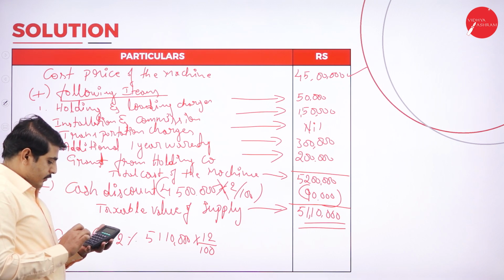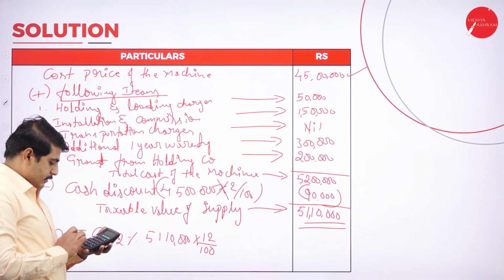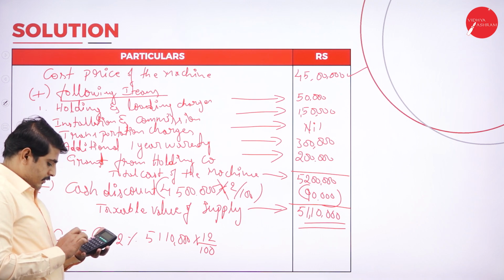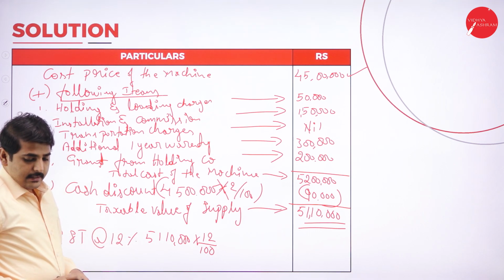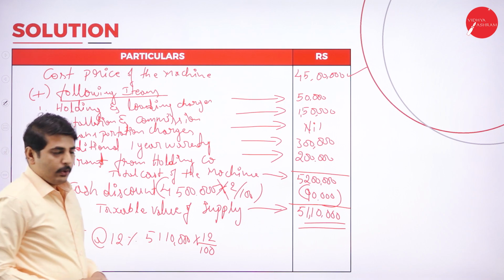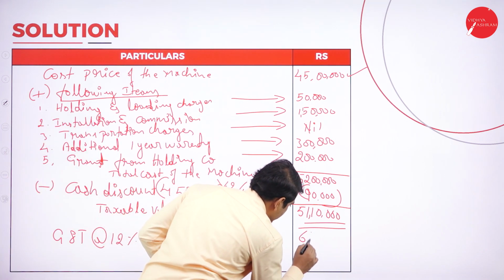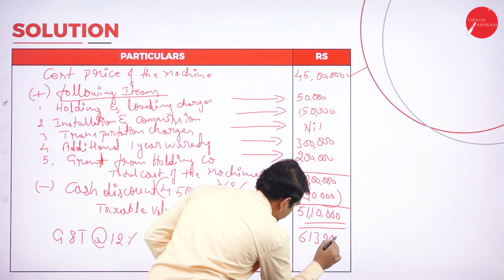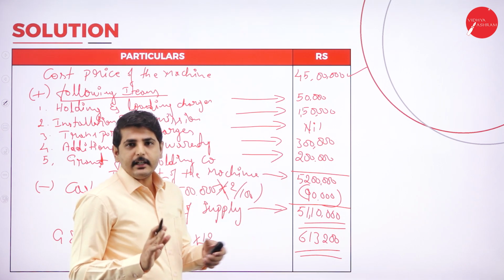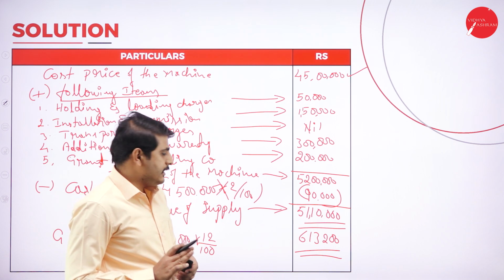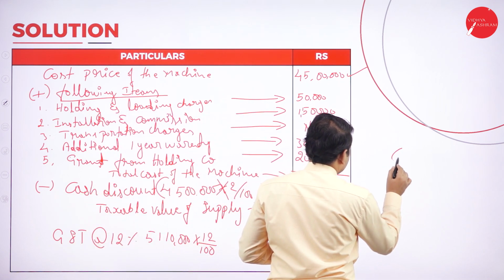51 lakh 10,000 into 12%. You'll get 6,13,200. Now this is the total GST. How to divide whether it is CGST and SGST?